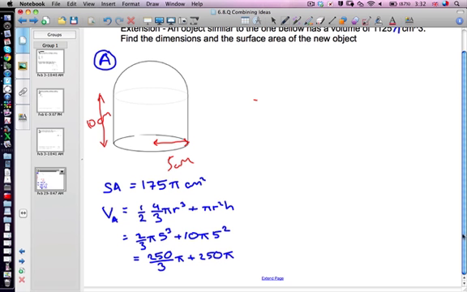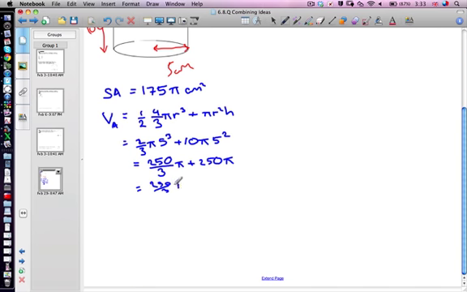And if I make the same denominators, I'm going to get 250 over 3 pi, add 750 pi over 3, so I get 1000 over 3 pi centimeters cubed.